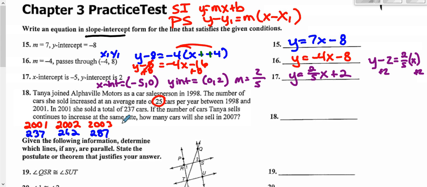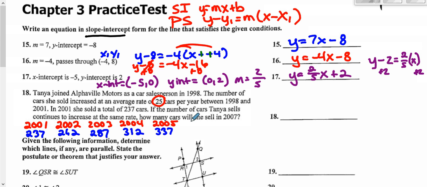And 2004. And here we get 312. And then 2005, we're almost there. 337.